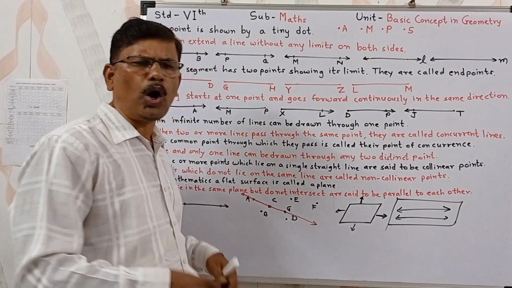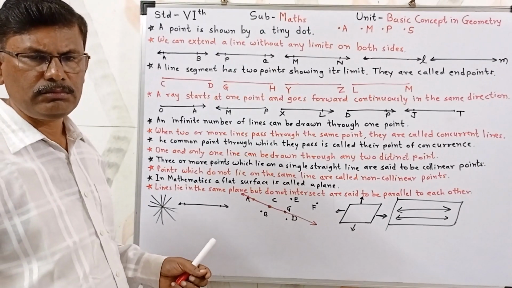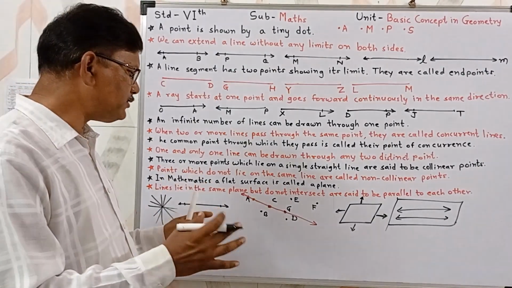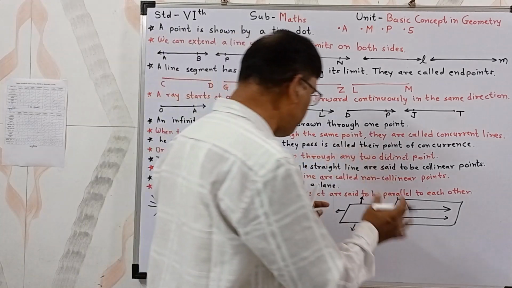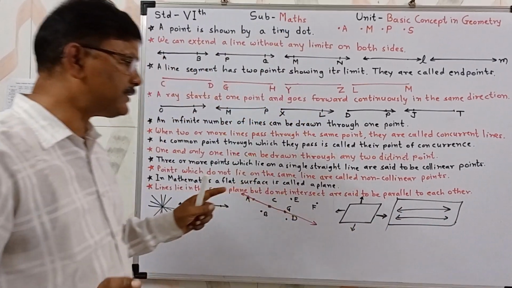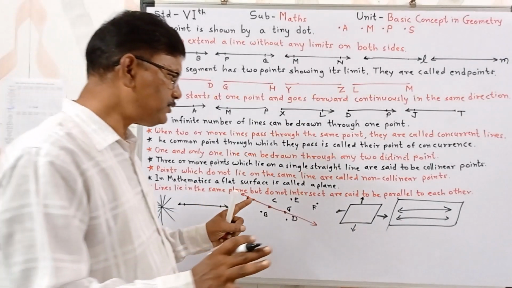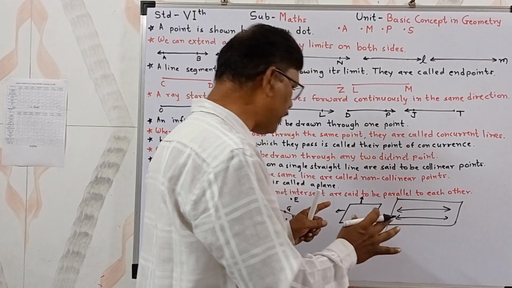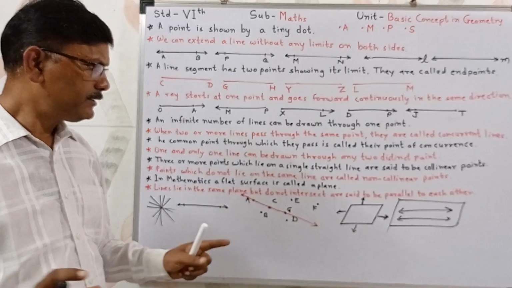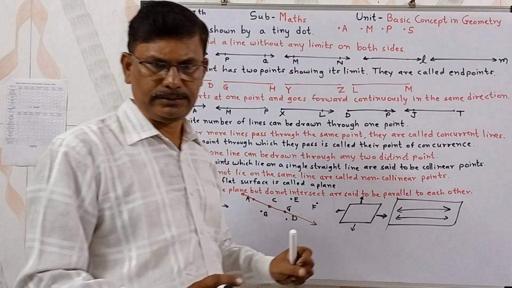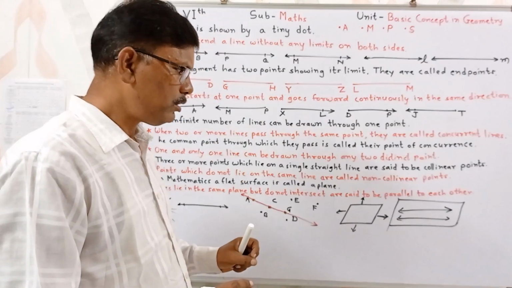The lines, 2 or 3 or more, lie in the same plane and do not intersect. That is called parallel lines. Understood?